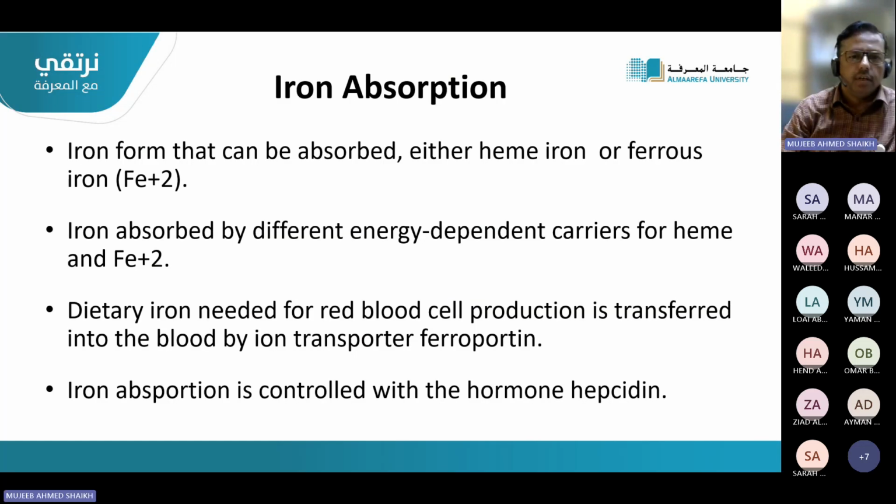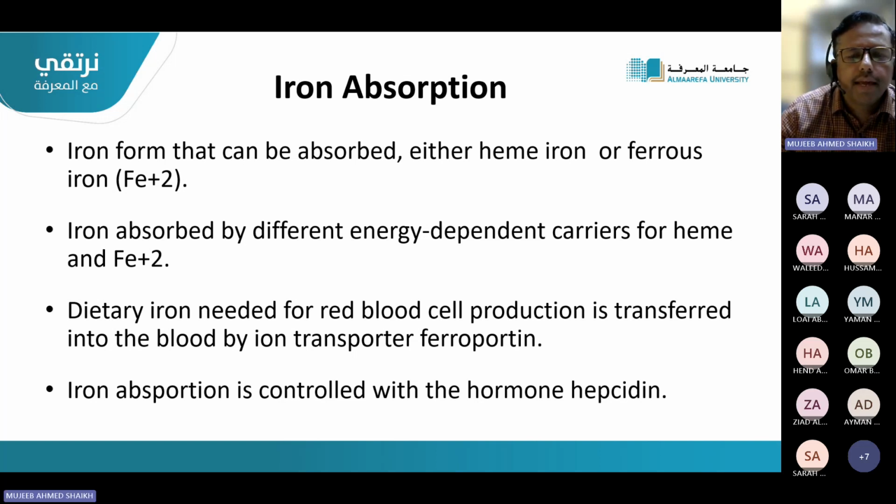Okay, now iron absorption. Iron will be absorbed in the form of heme iron and ferrous iron, again through energy-dependent carriers.